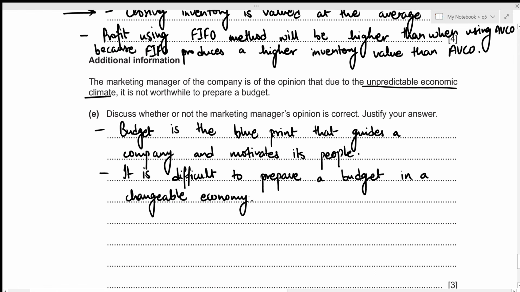Now we need to decide whether or not the marketing manager's opinion about preparing a budget being not worthwhile is correct or not. So whatever the condition is, budget is the blueprint that helps in coordinating the people as well as motivating them. And regardless of how difficult or how costly it is to prepare them, it can be fruitful in the future. So I'd say that it is worthwhile to prepare a budget, which means that the marketing manager's opinion is incorrect.